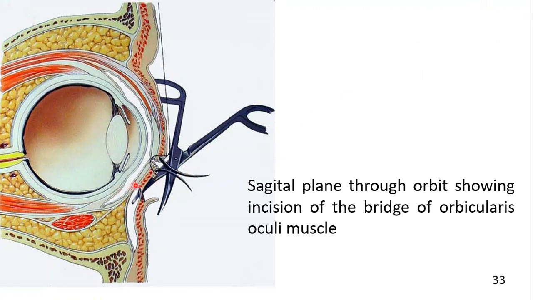Here you can see, just below the lower border of the tarsus, to complete the step incision. This enables the retraction of the lower lid as a skin muscle flap, through the incision through the bridge of the orbicularis muscle.